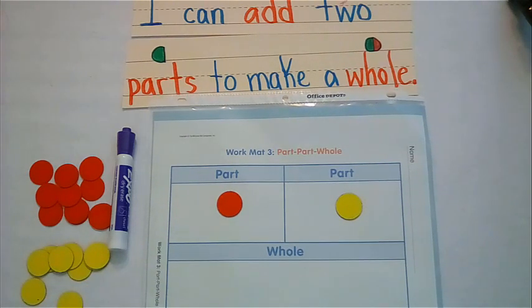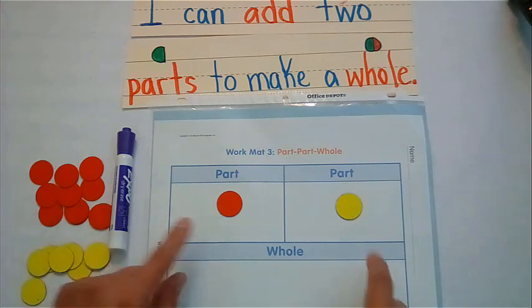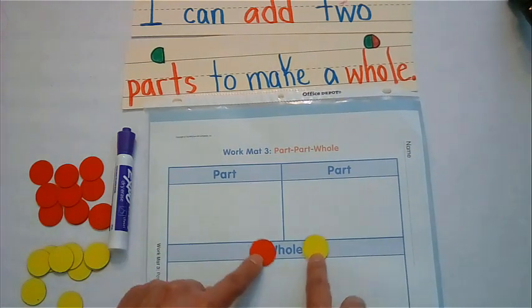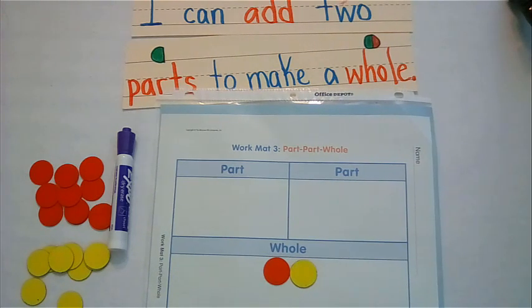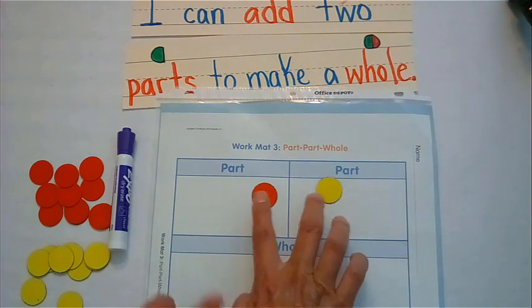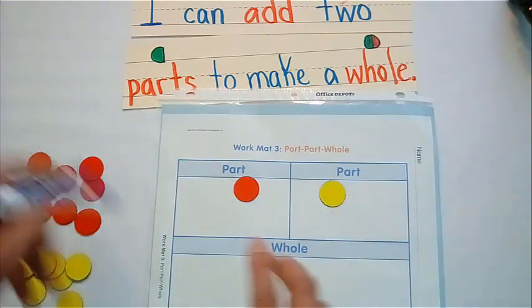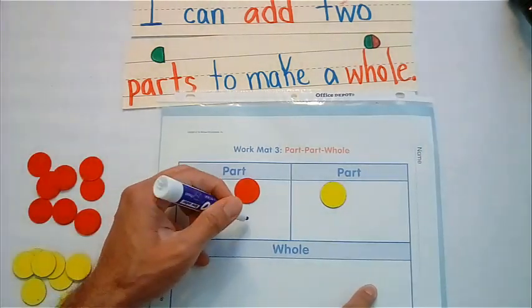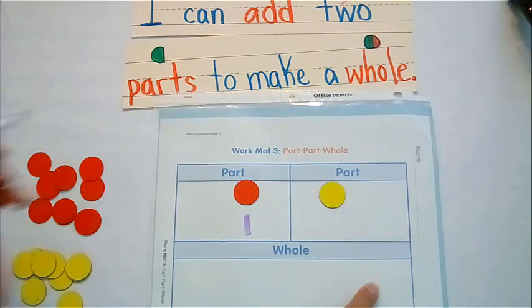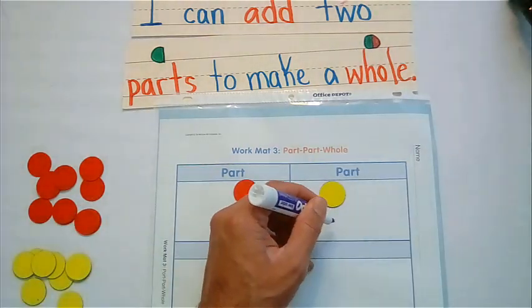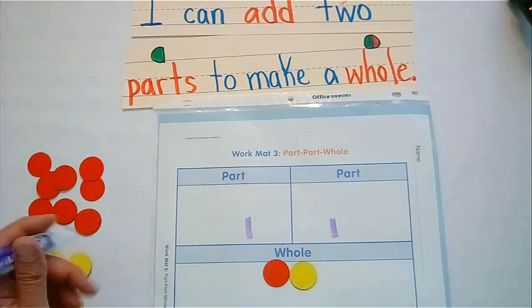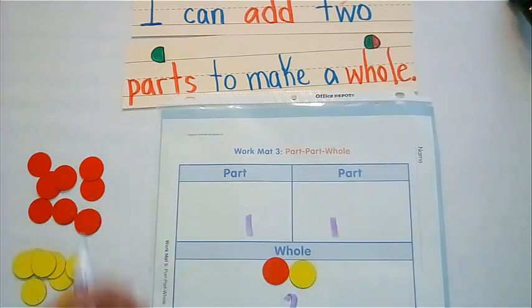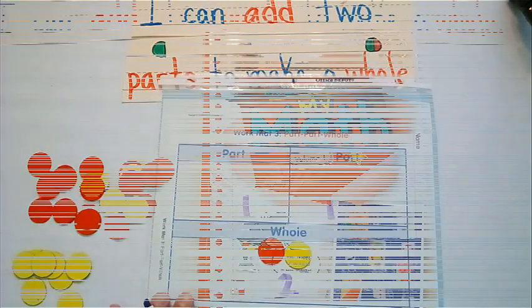So if I put both of those together, what do I have? So if I put both of these together, it makes what? That's right, it makes two. So I can say one part plus one part makes two. That is correct. Makes two.